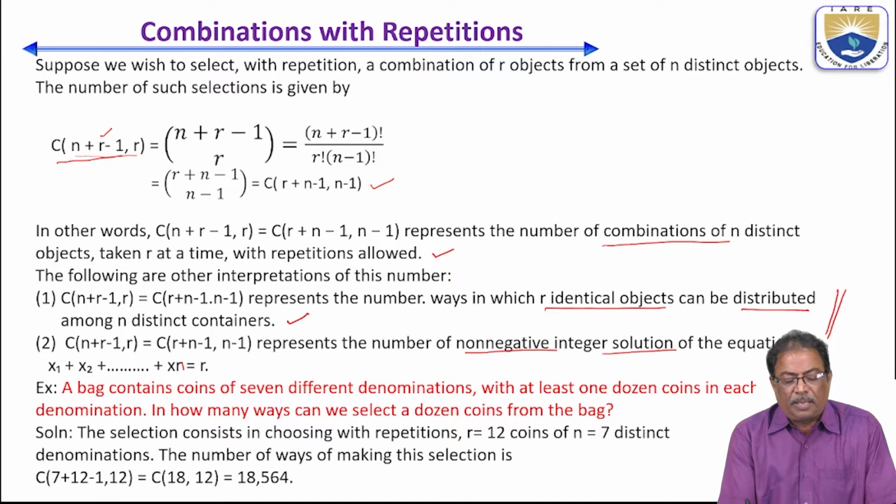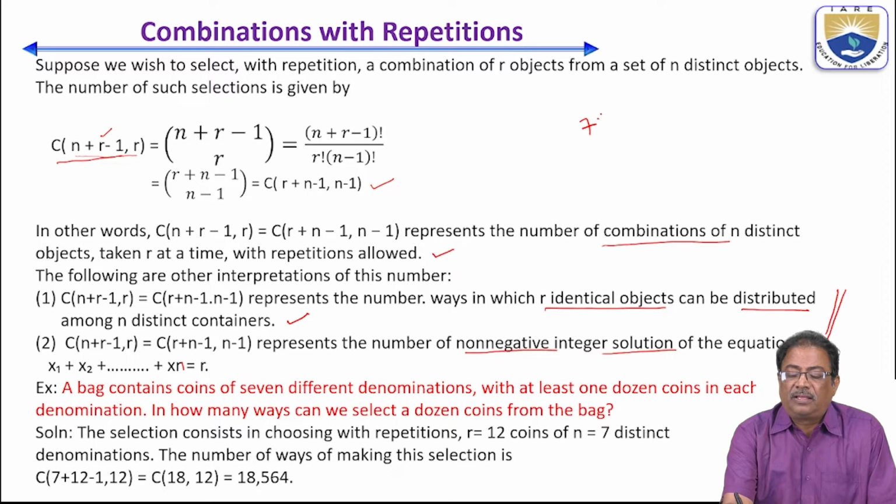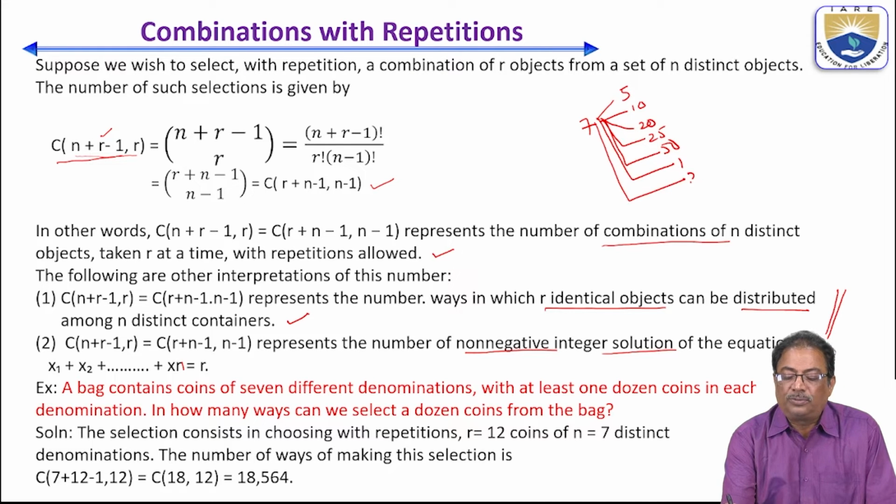A bag contains coins of 7 different denominations. Let us take 5 paise coins, 10 paise coins, 20 paise coins, 25 paise coins, 50 paise coins, 1 rupee, and 2 rupees.